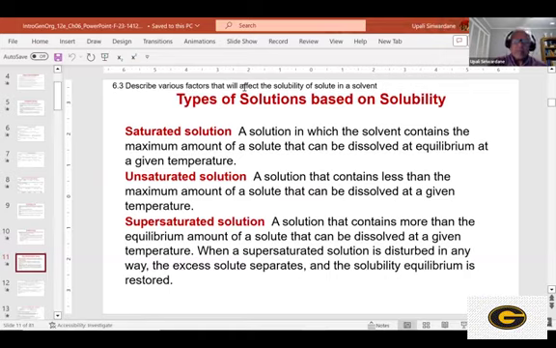There are 3 types of solution based on solubility. Saturated, the maximum amount of solute at a particular temperature. Unsaturated is it can take up more solute. Supersaturated is it can hold more than what it normally would at equilibrium at a certain temperature.